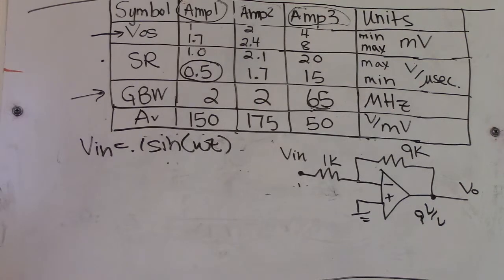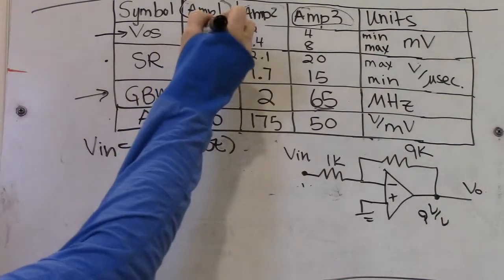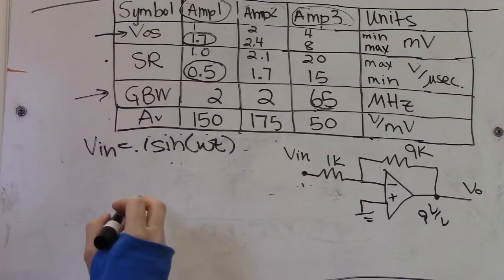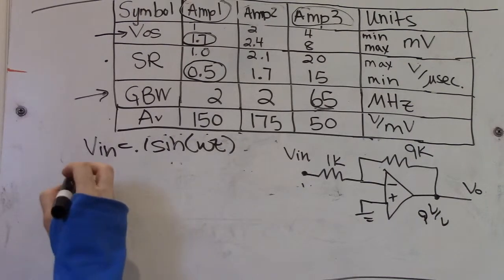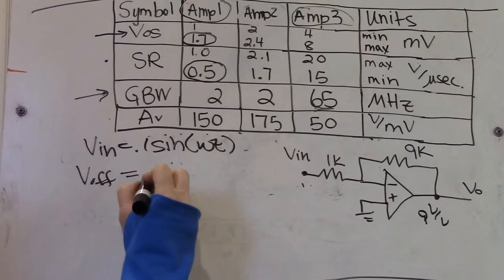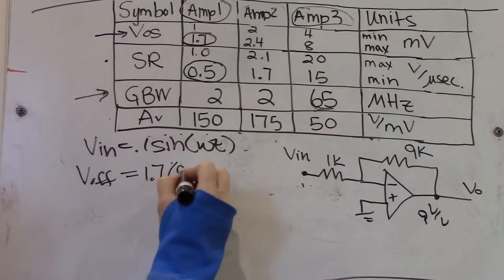Again, I want to look at the worst case. In this case, that voltage offset shifts up the DC portion at my output, so I would want to use the higher value, which would be 1.7 millivolts as my max. And that offset would be 1.7 times the gain plus 1.